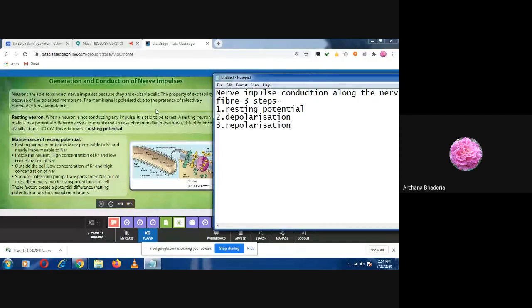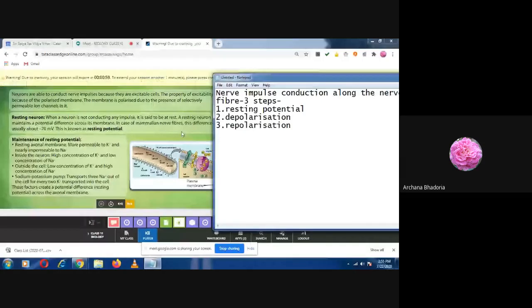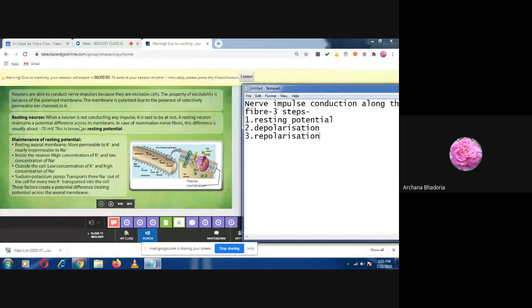Now in the resting potential, when the nerve impulse is not there, the membrane maintains a potential difference across it, which is minus 70 mV. Now, how will it be maintained? Remember, the membrane will be more permeable to potassium and impermeable to sodium ions.